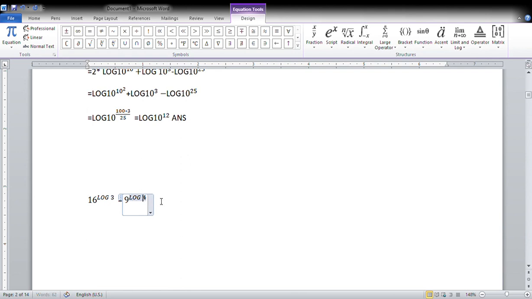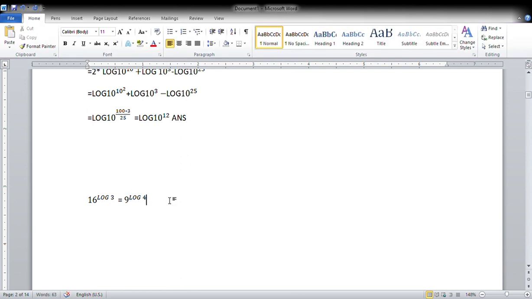In both of the cases, I will try to make both the numbers the same, right? Both the numbers are the same, that means 16 to the power log 3, 9 to the power log 4.